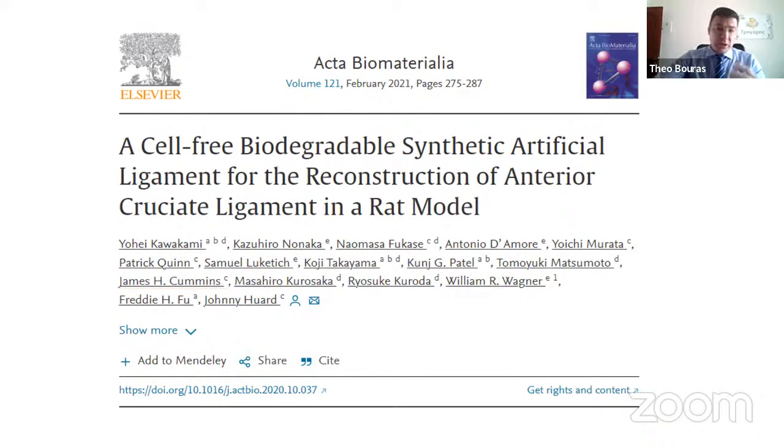So there is lots to see coming up, and I'll stop here with the synthetic grafts.